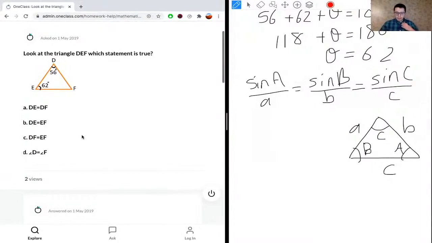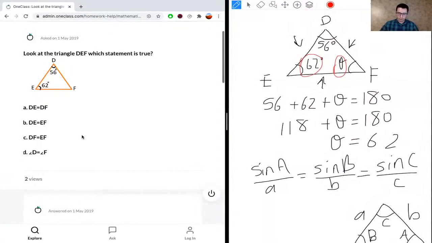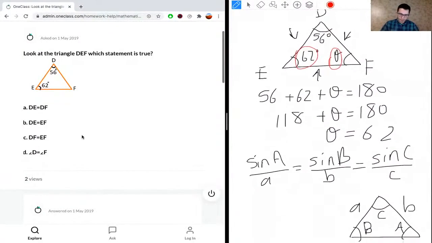Knowing this, we can apply the same thing for the triangle above. So 56 degrees, 62 degrees, and 62 degrees.